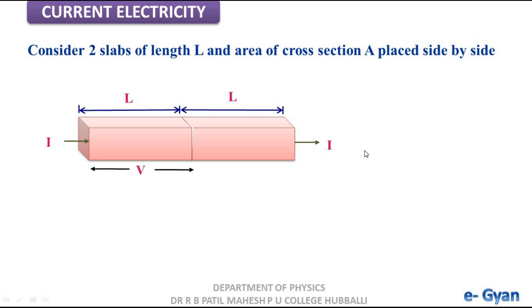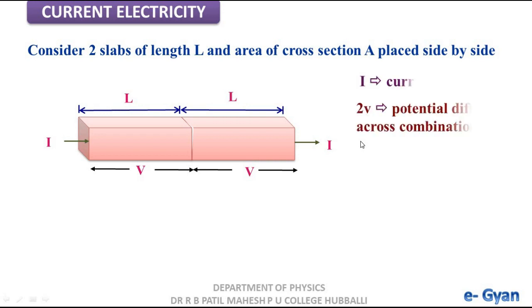Let V be the potential difference across the first conductor, and it is the same across the second conductor. Therefore, total potential difference across the combination is 2 times V. I is the current and 2V is the potential difference across the combination.